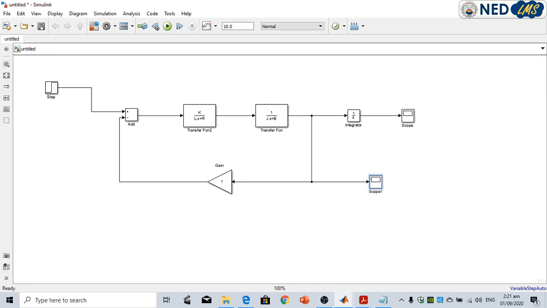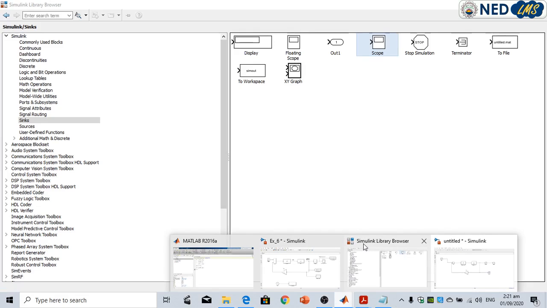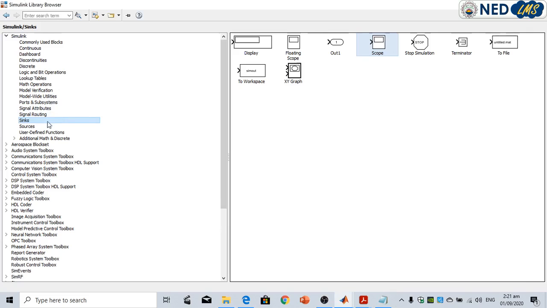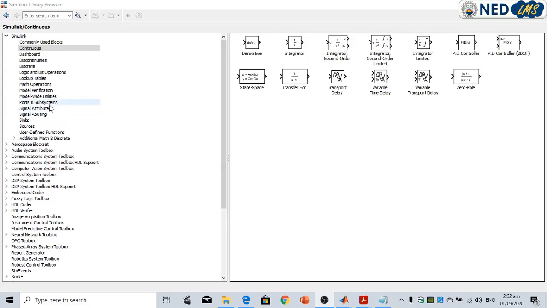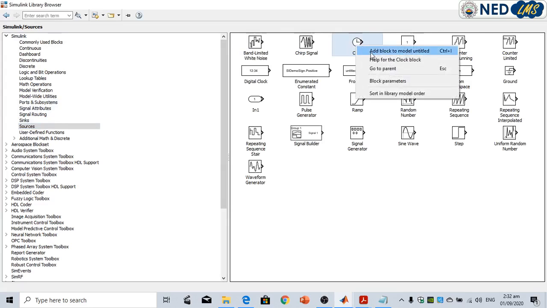Okay, next is to store the output variable in the workspace. This will help in plotting the graph by using commands. For that purpose, from the sources section, select the clock block and add it to model Untitled.